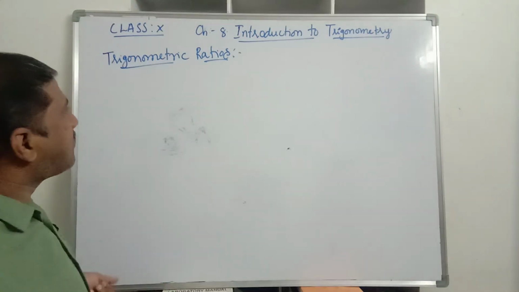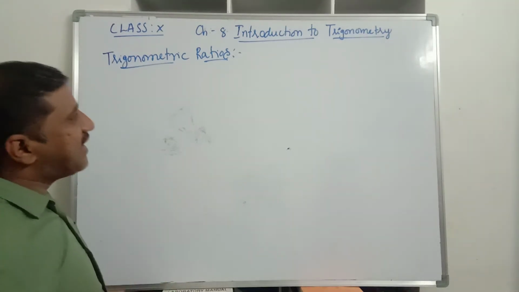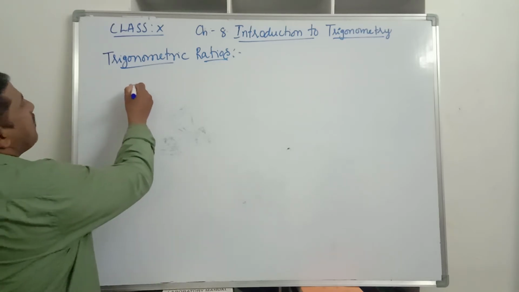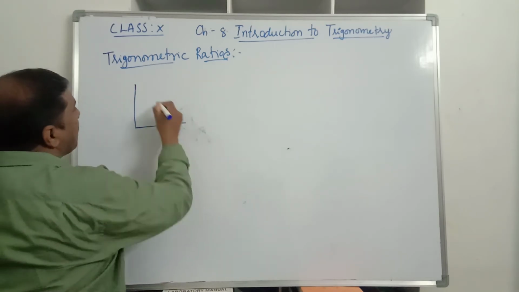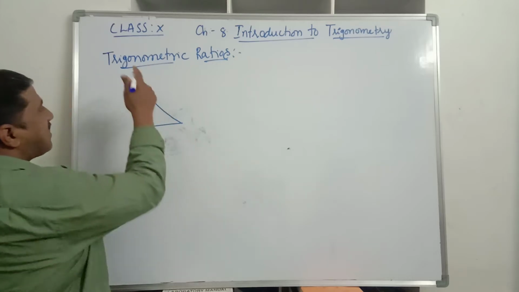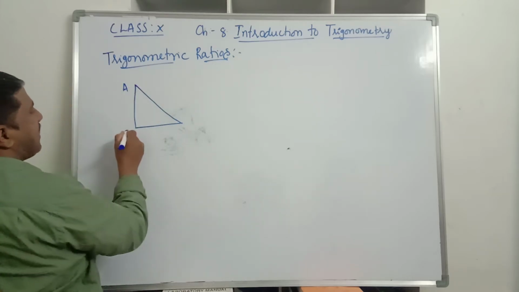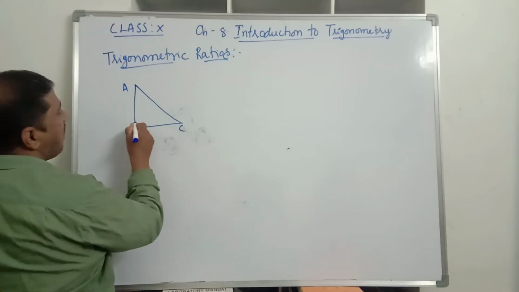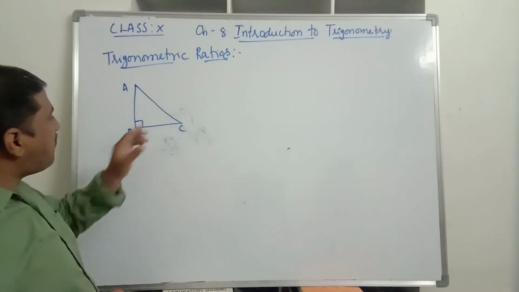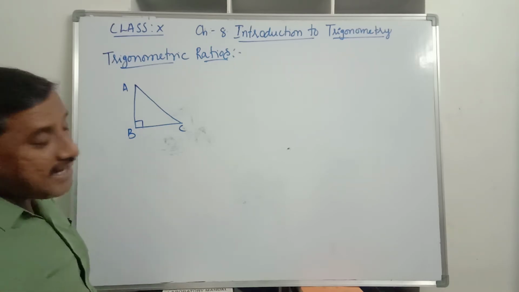Before discussing trigonometric ratios, first we will discuss what a right angle triangle is. It is a triangle in which one angle is a right angle. Let us consider triangle ABC, right angled at B, that is angle ABC equals 90 degrees.